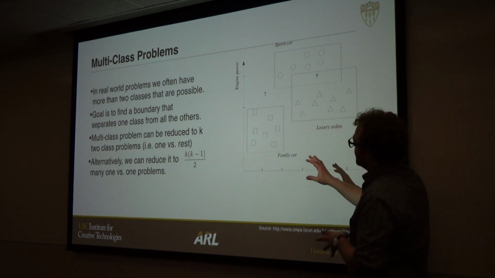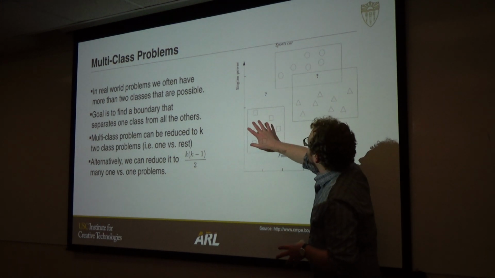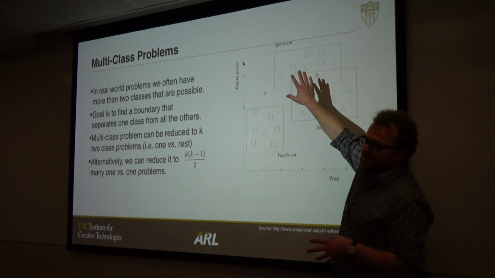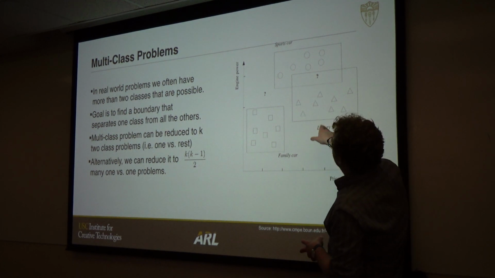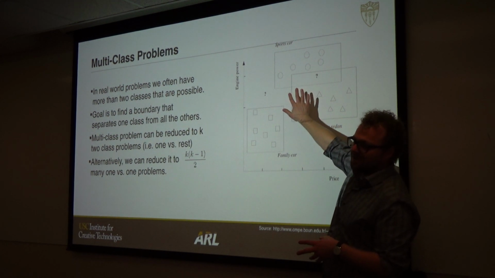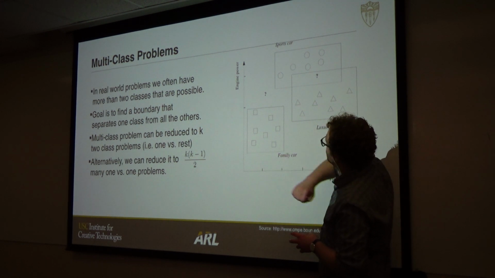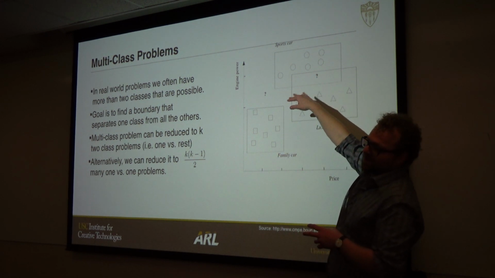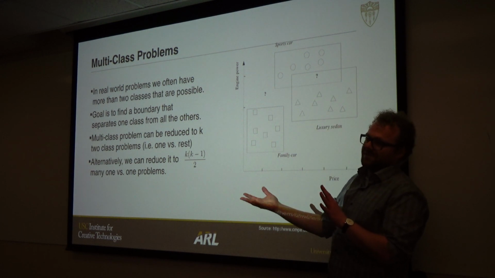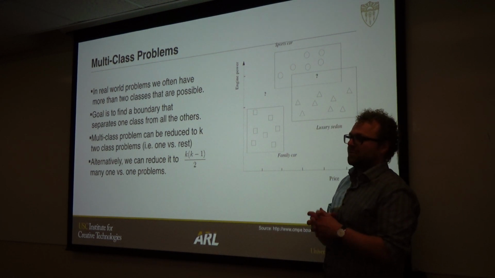So I want family cars versus other cars, not saying luxury or sports cars, just other cars. And I can say I want luxury versus other cars, or sports cars versus other cars. That's one versus all. But then I can also do one versus one.